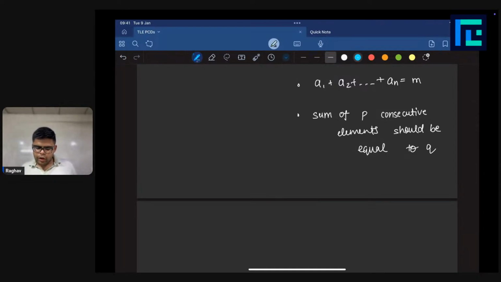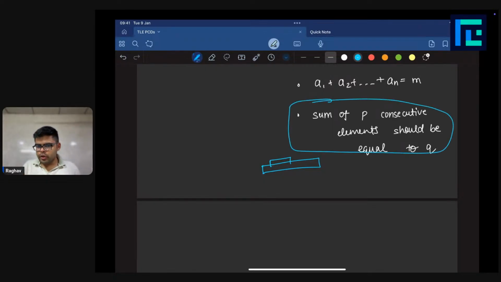I hope the second point is also clear. If you have an array like this and you pick up any subarray of p elements, basically a subarray of size p, then the sum of all of these elements in this subarray should be equal to q. And that should be valid for all the other subarrays also. And here is one tip for you.